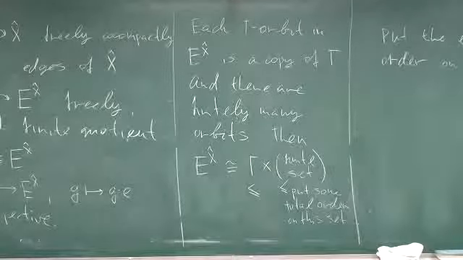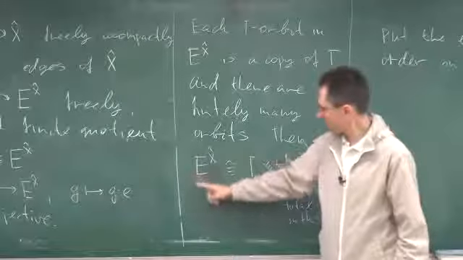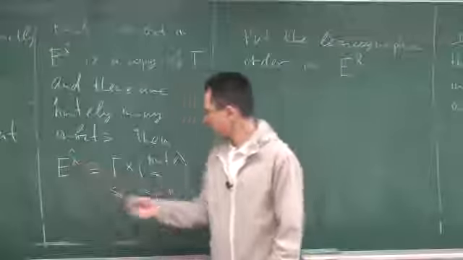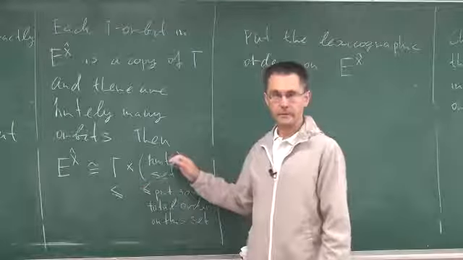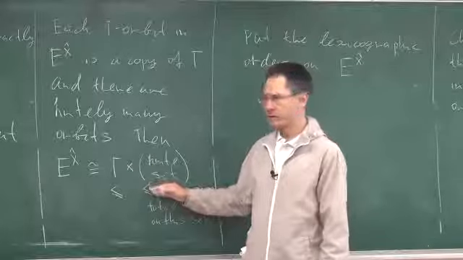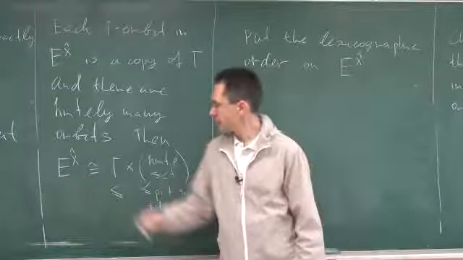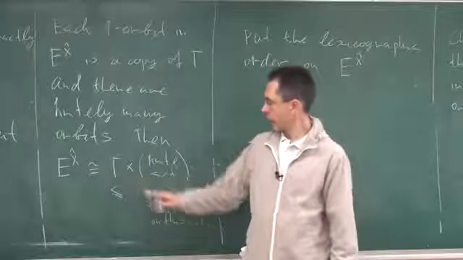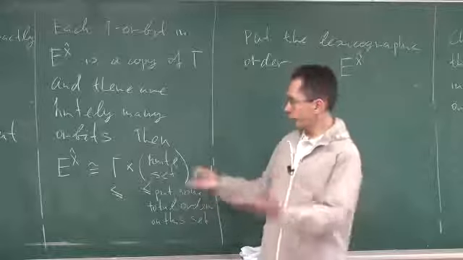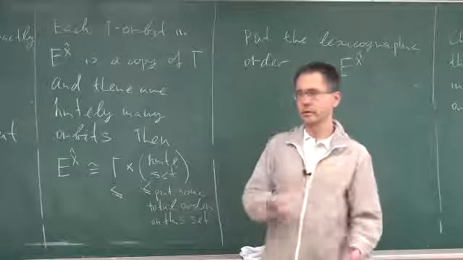So what's important, either one of those. What's important is that this lexicographic order, recall now, we have a group action here. So in particular, we have a group action on this set. And one can explicitly say what the group action is. If you represent an edge here as a pair, an element of gamma times some element of this finite set, how do you act on that pair by some element of the group?